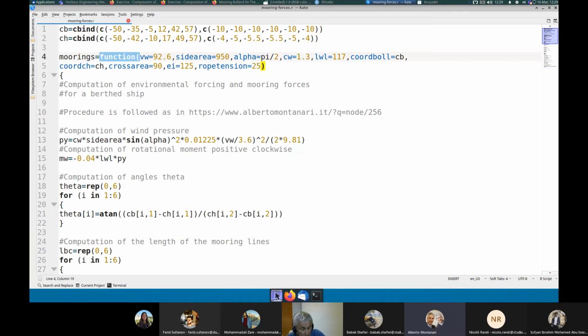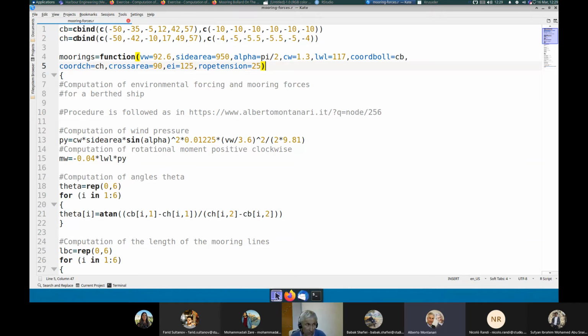What is this function called function? This is a new thing. So let's take some time here. This is an instruction which allows me to build a custom function in R. Okay? And let me give you an example.